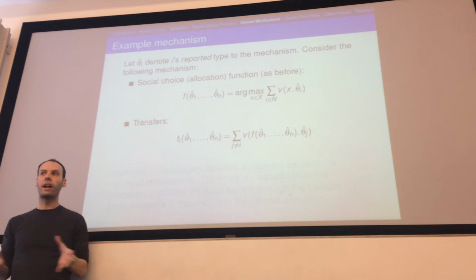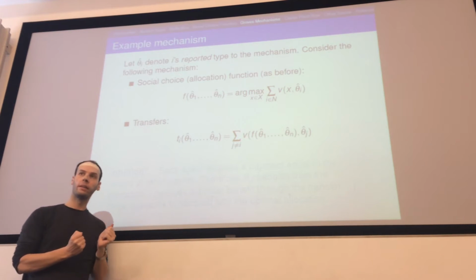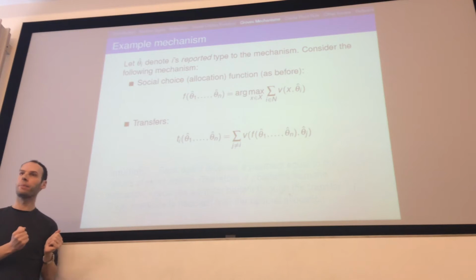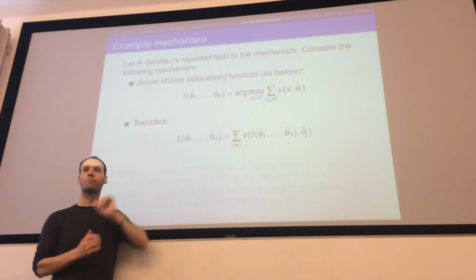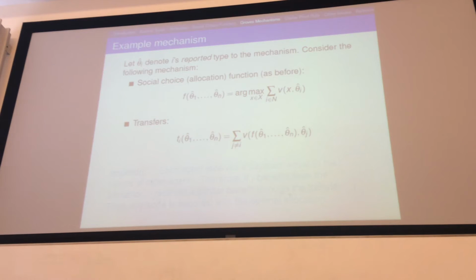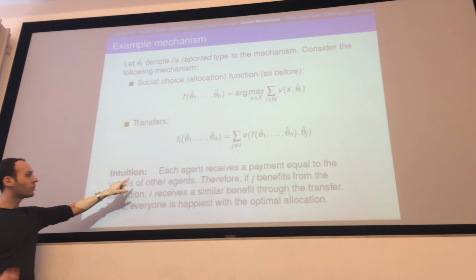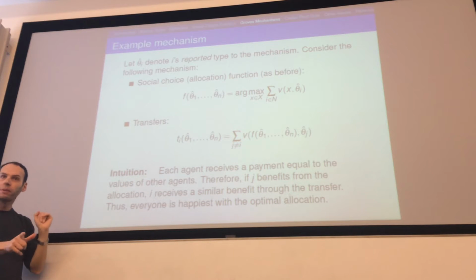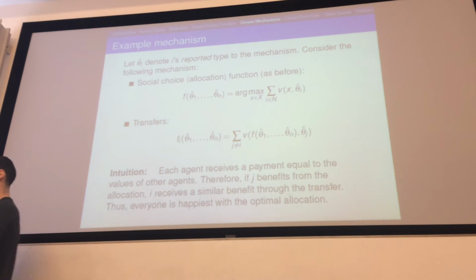We take the sum of values in that optimal allocation, we exclude the value of agent i, and that will be the transfer. So each agent receives a payment, not gives a payment, receives a payment equal to the values of all other agents.